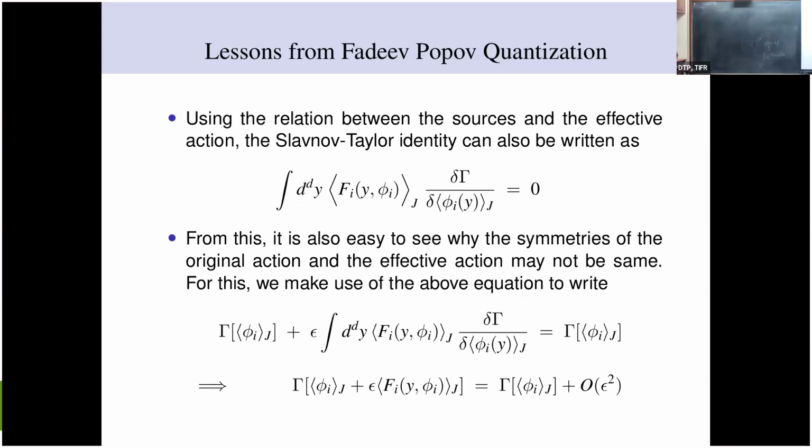So if you consider this quantum effective action, because of this identity, if you consider this gamma in the presence of J, with this change, suppose you change this expectation value of phi_i by this amount, epsilon times the expectation value of F, then due to this Slavnov-Taylor identity, your quantum effective action remains invariant.